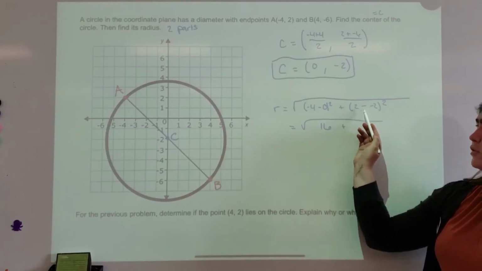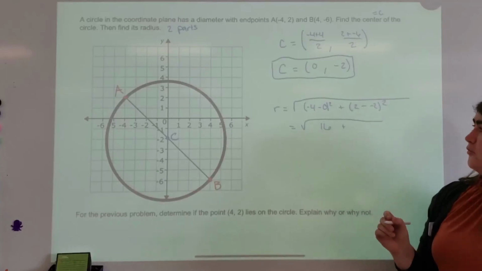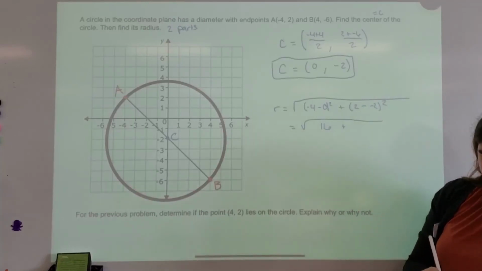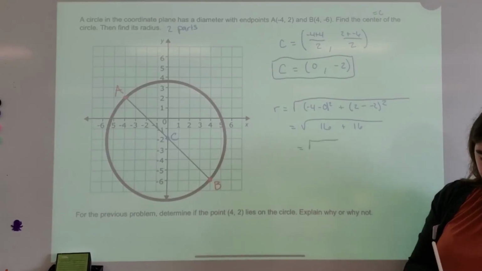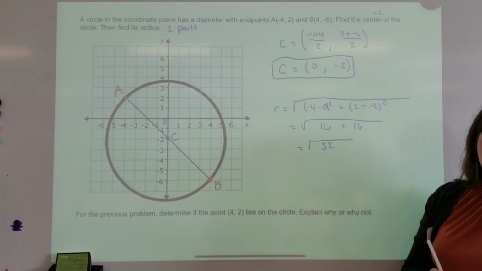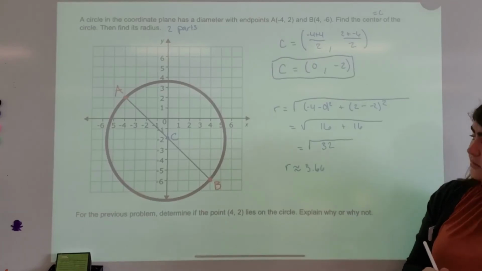So I really have 2 plus 2, which is 4 squared, and 4 squared is 16. 16 plus 16 is 32. So I have the square root of 32, which is approximately 5.66, and that is rounded.